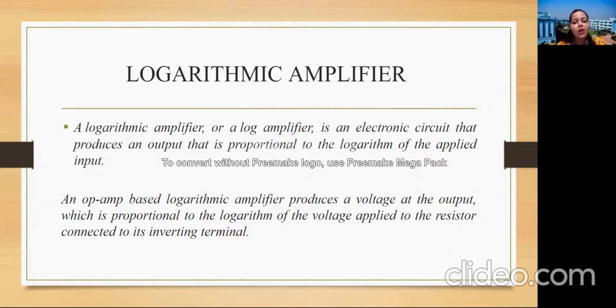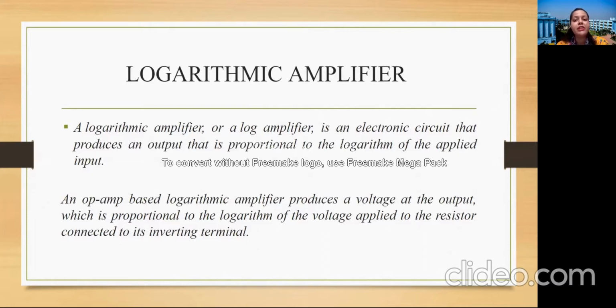An op-amp based logarithmic amplifier produces a voltage at the output. As you all know, in analog electronics, whenever we are talking about any voltage or current, that is the analog signal. So a logarithmic amplifier produces a voltage at the output which is proportional to the logarithm of the voltage applied to the resistor connected to its inverting terminal. Yes, again there is a question of inverting and non-inverting. In most cases, we use the inverting type amplifier.